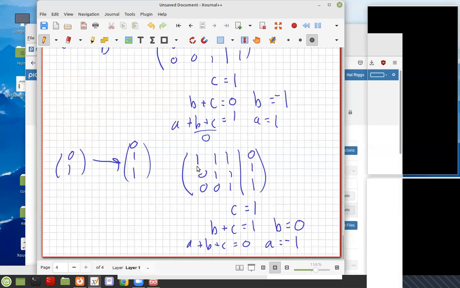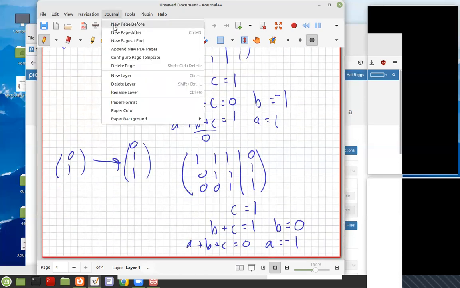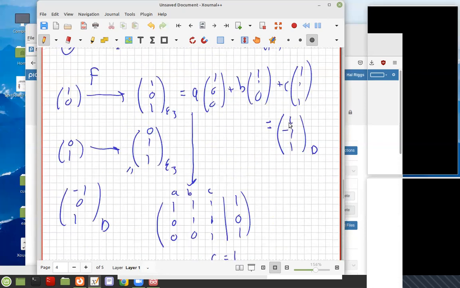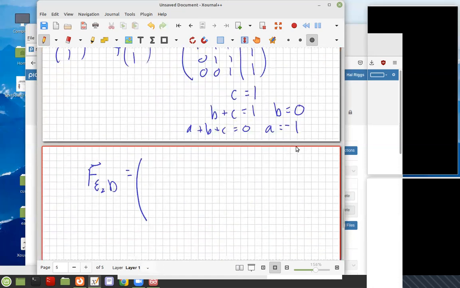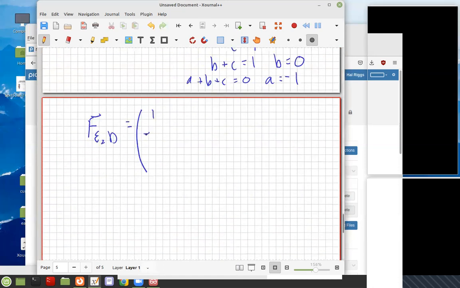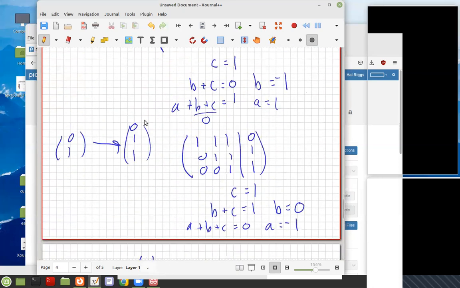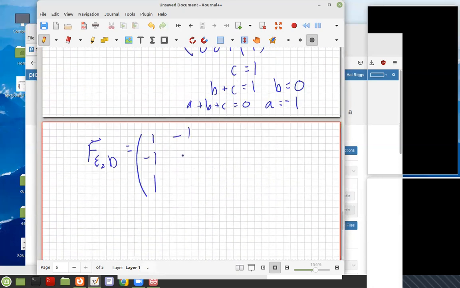So therefore, my matrix that represents F from E2 to D is going to equal the columns (1, -1, 1) and (-1, 0, 1).